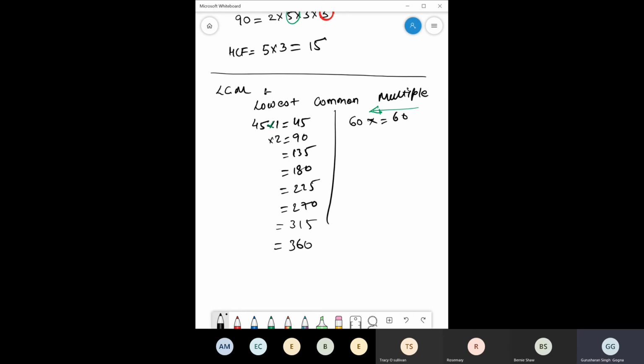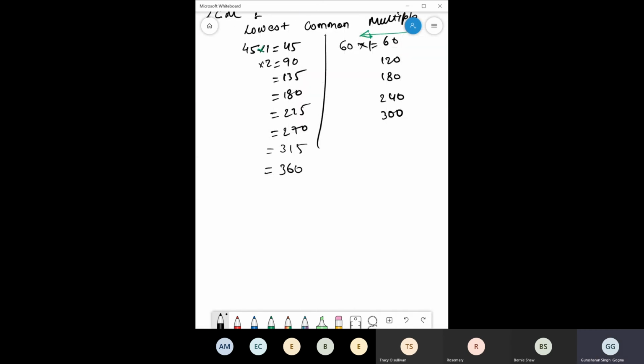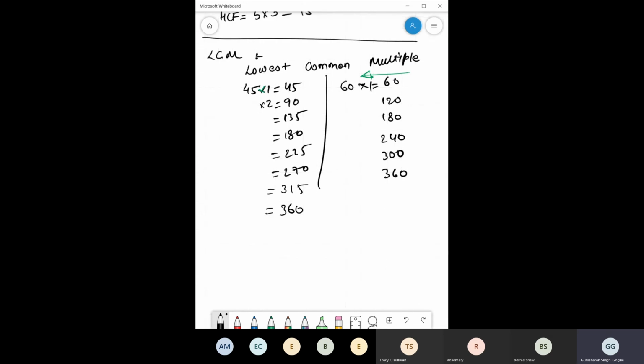Multiples of 60: 60, 120, 180, 240, 300, 360. You don't need to make any notes because the video will be available to you, so just focus on what we are doing. The first word was multiple. The second word is common.